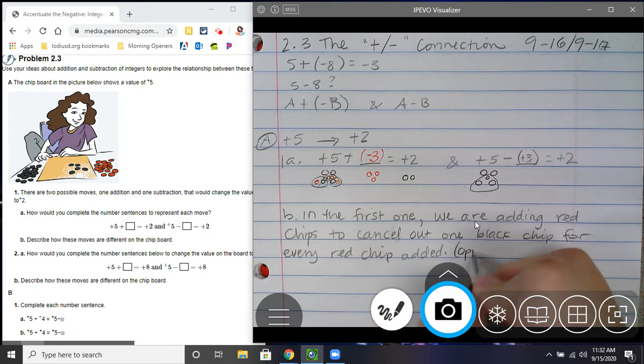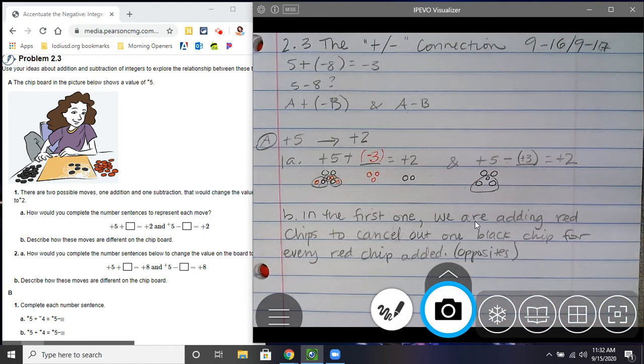which is the opposites situation. What was that called in the first? What do they call that?